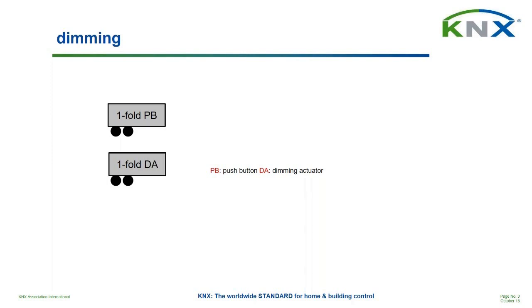Again, this is the minimal setup, and a 1-fold dimming actuator also having minimal two objects. One set of objects is again linked by means of a group address 1, also here in order to exchange switching information, to exchange 1-bit information between the two devices.